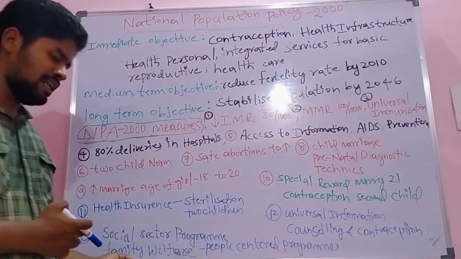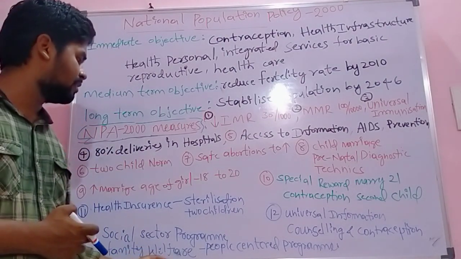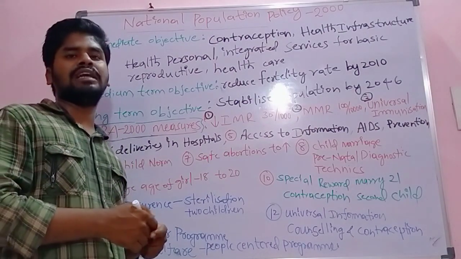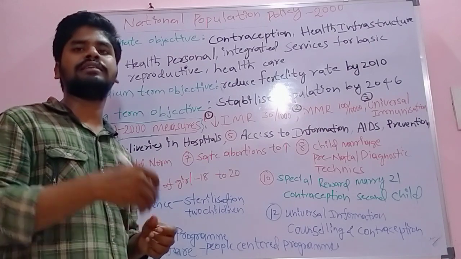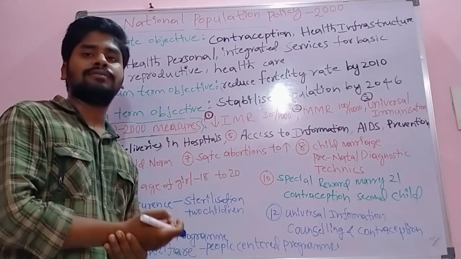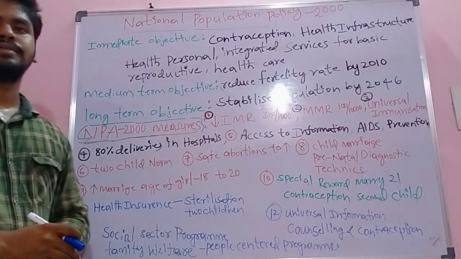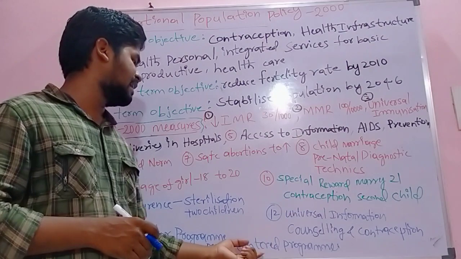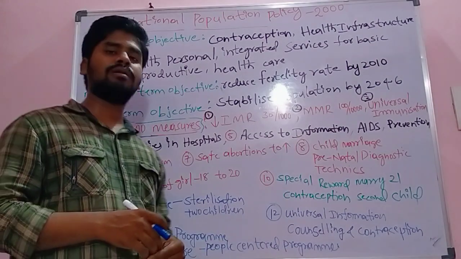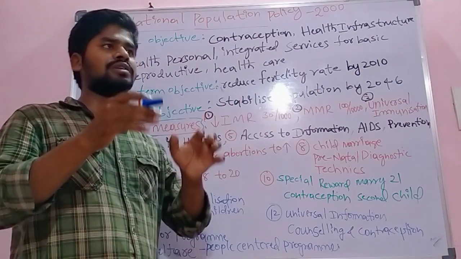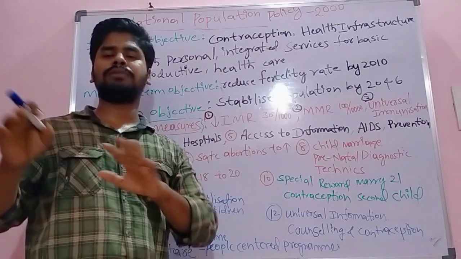And coming to family planning, meaning family welfare. Family welfare means the government has to provide welfare, their food, PDS, the distribution of all those things. If they are unable to access food, the government has to provide each and every thing. And people-centered program: the government should not reach only one particular community or place.